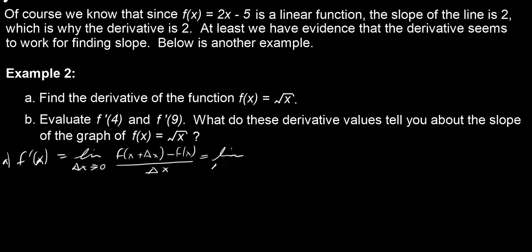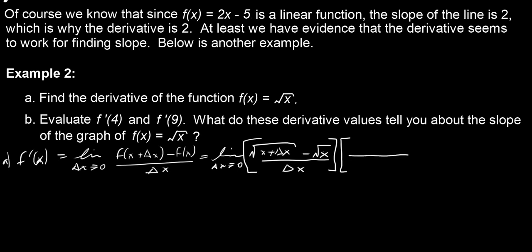So it would be the limit as delta x goes to 0 of the square root of x plus delta x, minus f of x, which is the square root of x, divided by delta x. I want to take the limit of that ugly looking fraction. How do we take that limit? Well, fortunately, there's a trick for that. What we can do is multiply both numerator and denominator by what I'm about to show you.